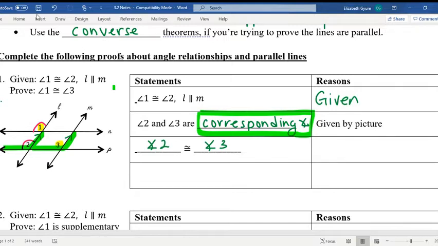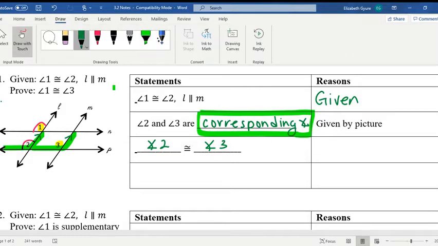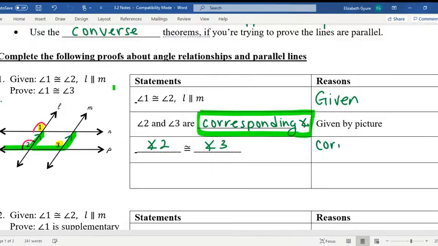But this would technically be the corresponding angle theorem. Okay. And I wouldn't worry about that too much because it'll probably be a drop-down box type of thing, so you wouldn't have to guess. I'm not going to put corresponding angle theorem and definition of corresponding angles in the drop-down box, okay?